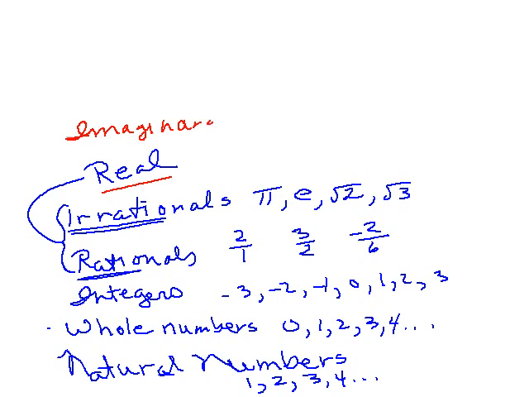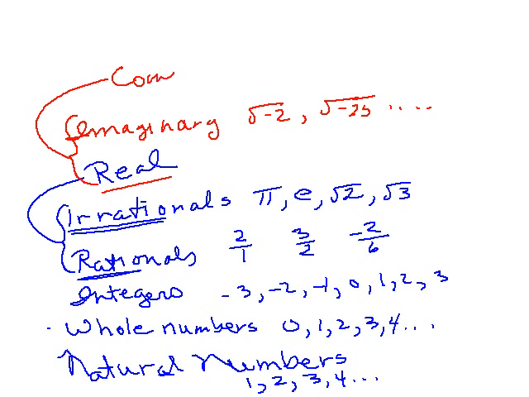And those are all the square roots of negative numbers. Square root of negative 2, square root of negative 25, on and on. Okay. The imaginary numbers don't include the real numbers. However, as before, we combine these two and we call them complex numbers. So hopefully that dispels a little bit of why we use the word imaginary for certain numbers.